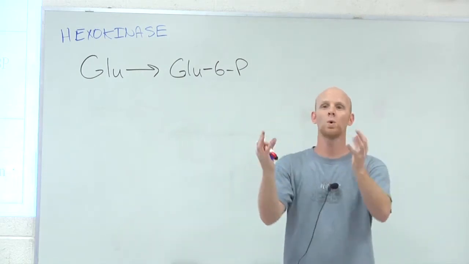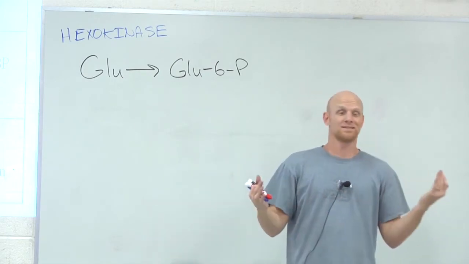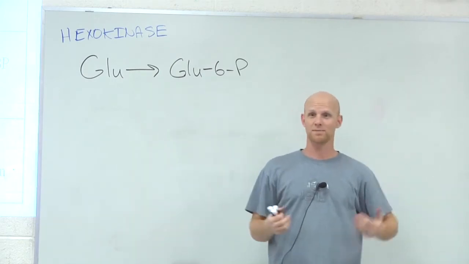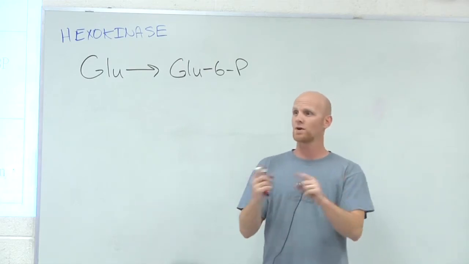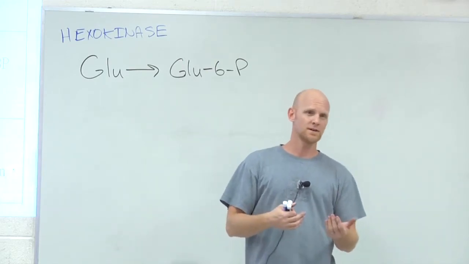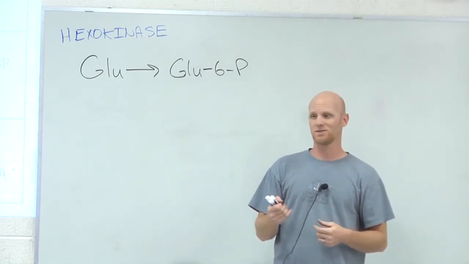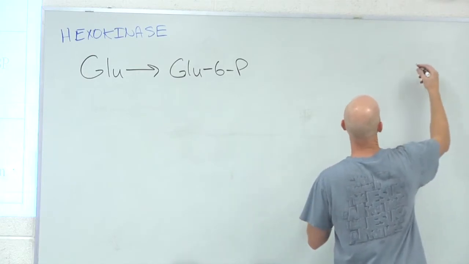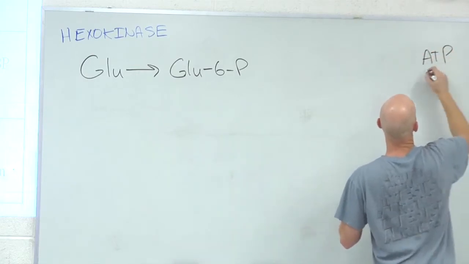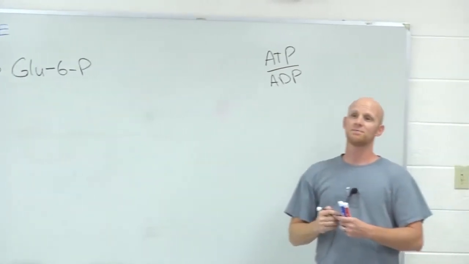You've got a pool of adenosine mono-, di-, and triphosphate, and until you get some more in dietarily or something like that, it's just being shuttled between one form or another. And so instead of talking about high amounts of AMP or ADP or low amounts of ATP and vice versa, we usually just look at ratios. We might look at a ratio of ATP to ADP, or maybe ATP to AMP.